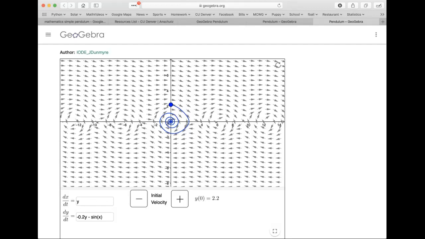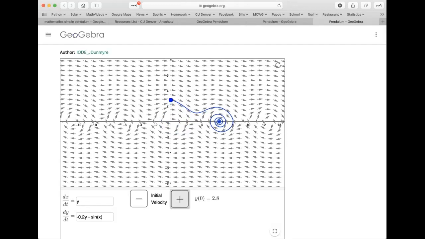So it never flips all the way up to its upward vertical position. But if I give it enough velocity, eventually it does. So with a solution like this, we can see this pendulum now has passed over pi. So it's done one full rotation, and then it settles back down at its position, theta equaling 2 pi. So that means it has done one full rotation.